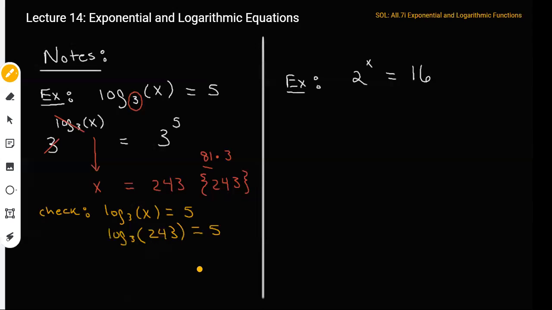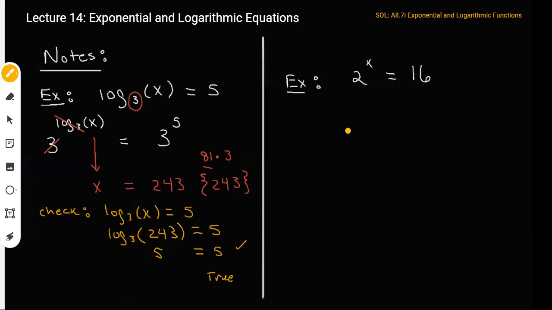Okay. So now you're basically just asking yourself, what exponent do I have to raise 3 to get to 243? And that would be 5, right? So I get 5 is equal to 5. And that's my true statement. That's how I know that this 243 is actually going to work.